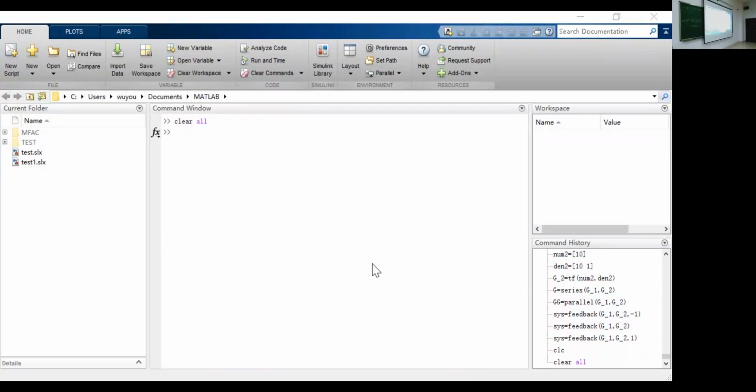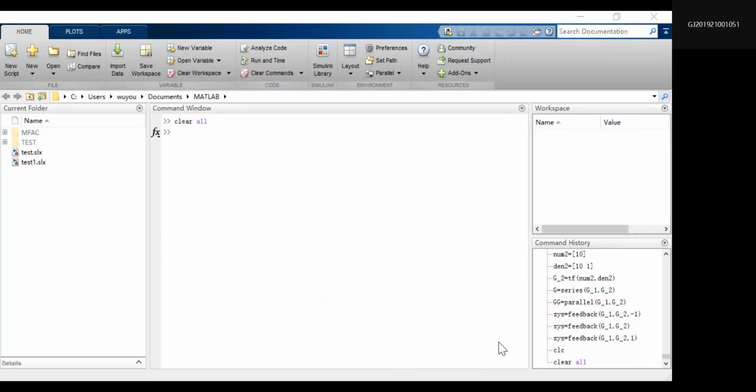The first one is numerator coefficients. So what is the numerator coefficients for the second transfer function? Instead of 1, we need to write 6 here, right? So how about the denominator coefficients? Where is it?